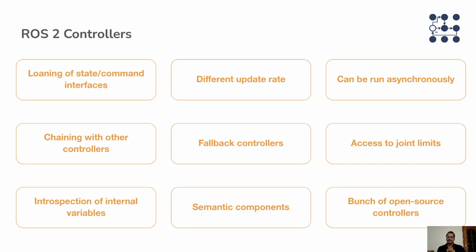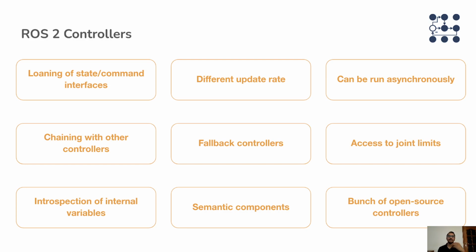And fallback controllers, this is nice. This is the one I was telling you about earlier. If your controllers are failing, you can have a fallback controller strategy. Why did we implement it? Let's say you have a humanoid robot and it's walking, you have a walking controller that makes it walk, but suddenly it fails and the robot is going to crash. But you don't want that to happen.